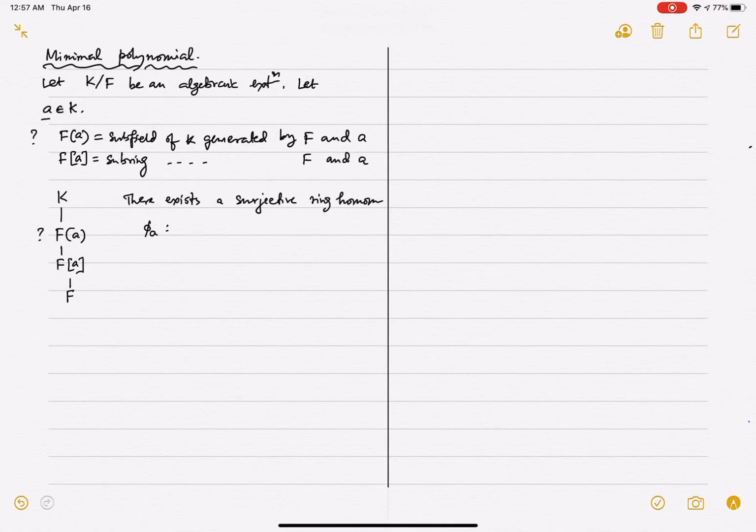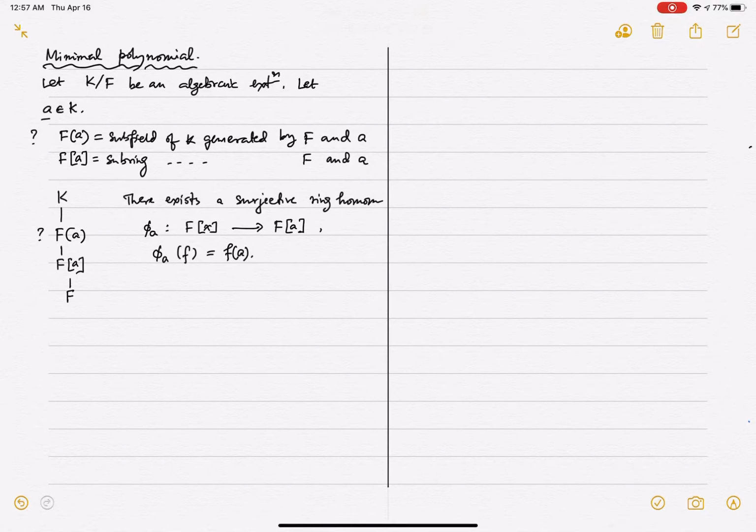I've called it phi A, but earlier we had called it an evaluation homomorphism, from the one variable polynomial ring to this subring F[a], defined by phi of f, a polynomial, is the polynomial evaluated at a. By definition, f(a) lives in F[a], because it's a polynomial expression in a with coefficients in capital F.